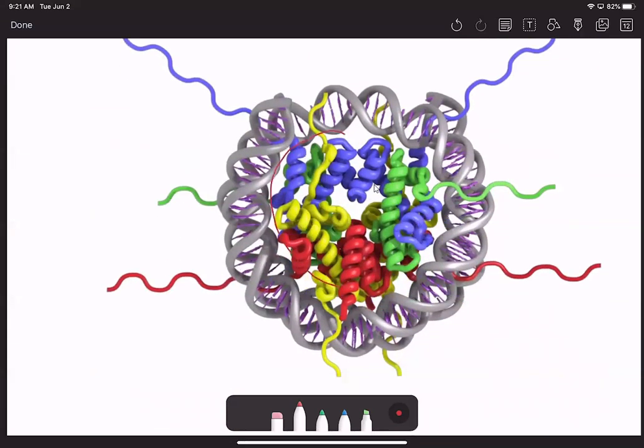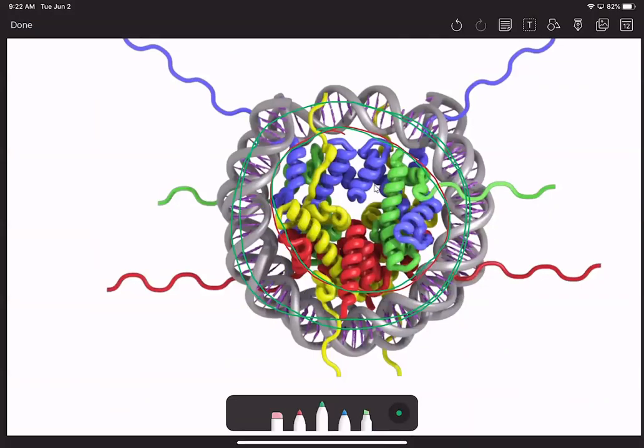This is a histone. It's a protein made up of alpha helixes here, and then here is our DNA that's wrapped around it. Right. So again, this is what a histone actually looks like. So when you're going into biology class or anything and they talk about histones, remember that's what it looks like.